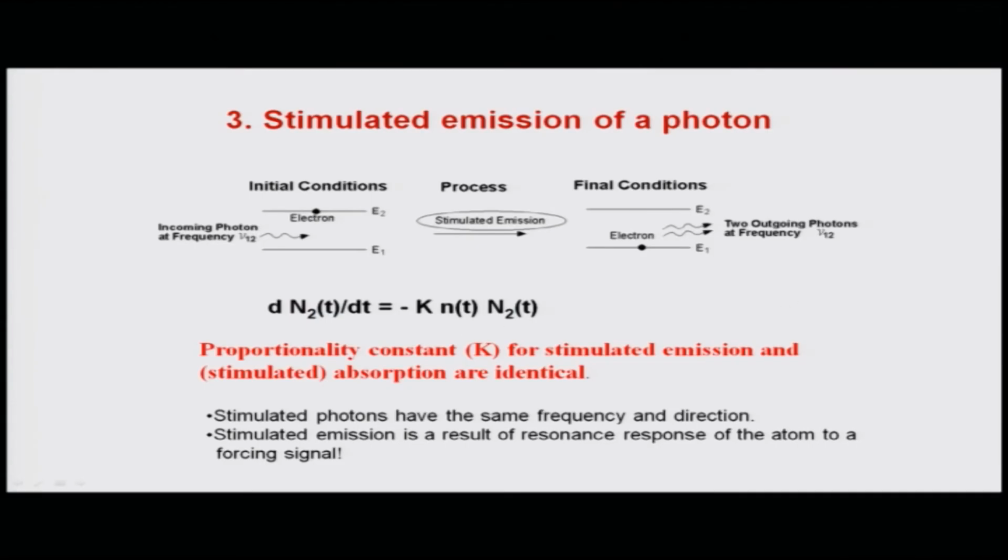Similarly here for the stimulated process, we have these number of photons interacting with the number of excited systems, and we can have the output as shown. This proportionality constant for stimulated emission and stimulated absorption are identical.